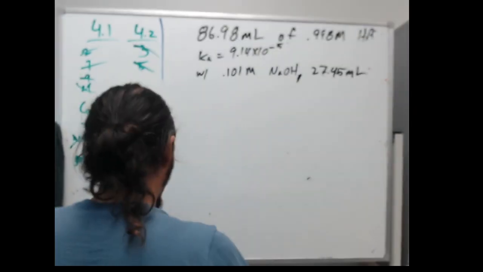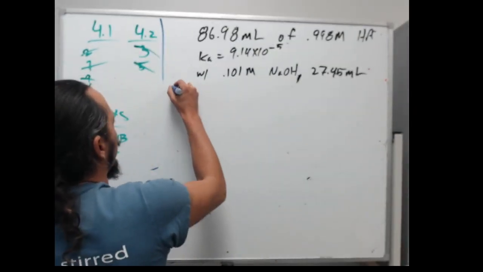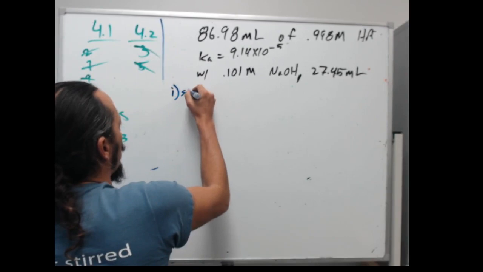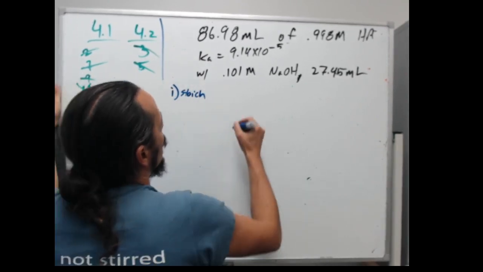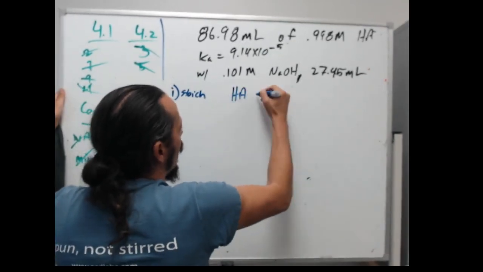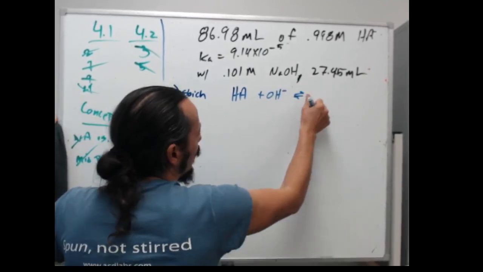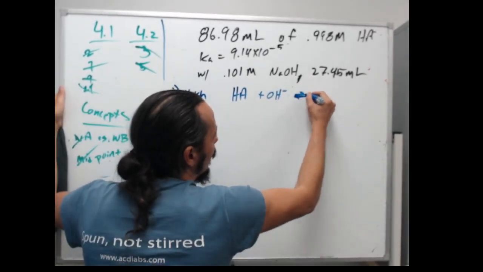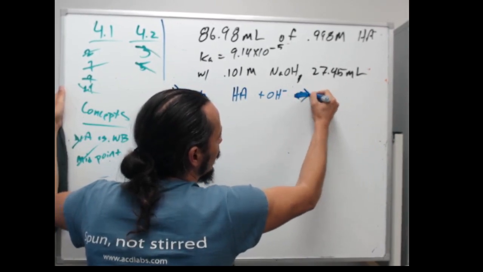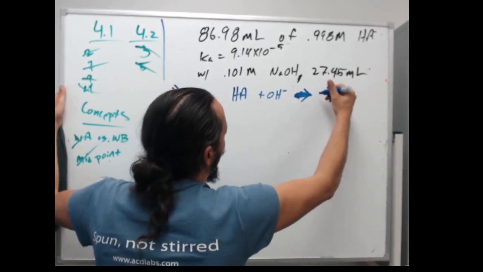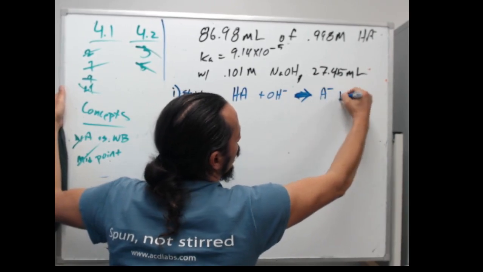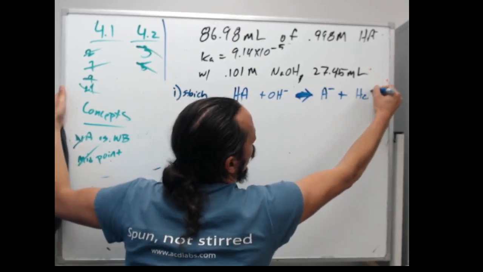Okay, so starting with step 1, we're going to do the stoich. Figure out how much we have. It's going to be HA plus OH minus goes to, and this one I could probably put as a straightforward arrow because it's a strong base, so it's just going to go forward. This is going to go to A minus plus H2O.